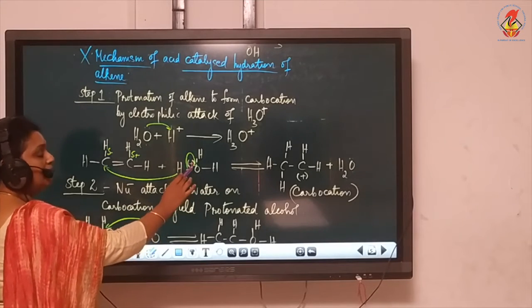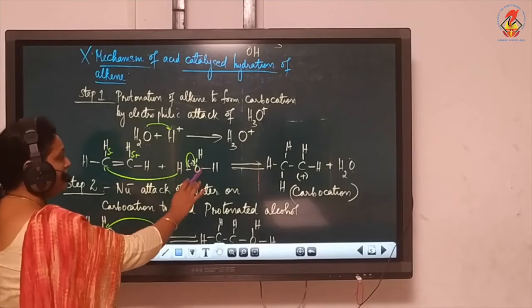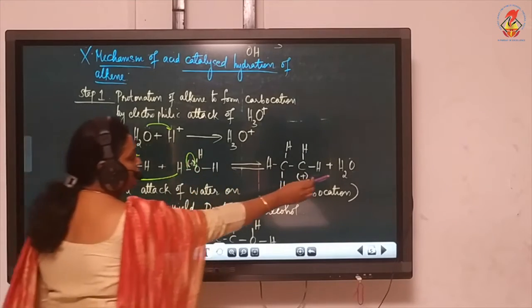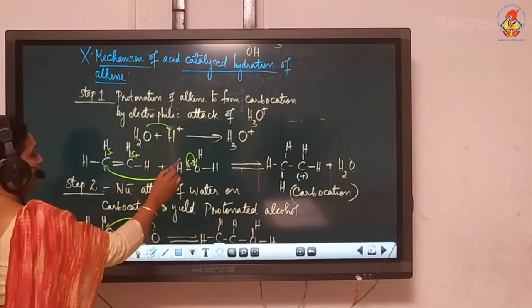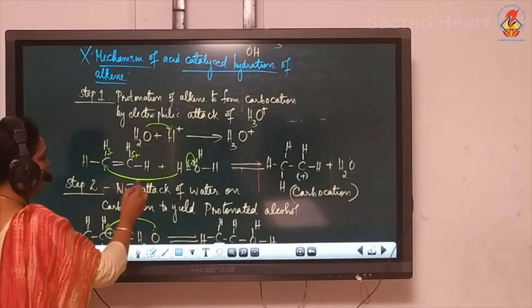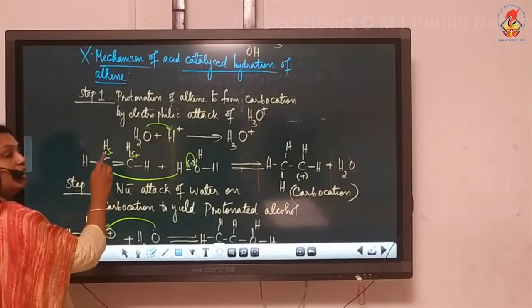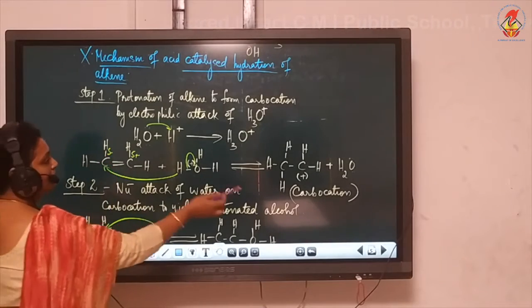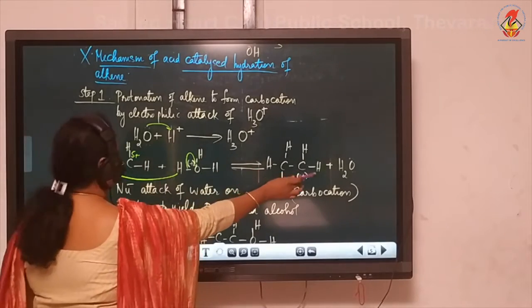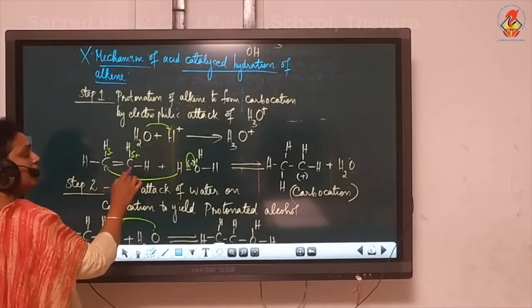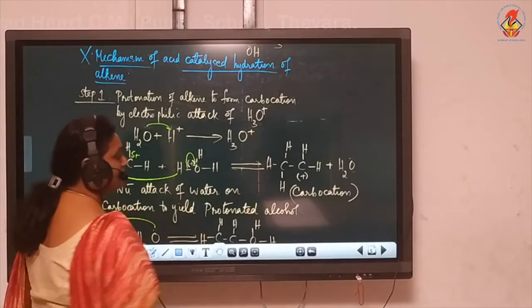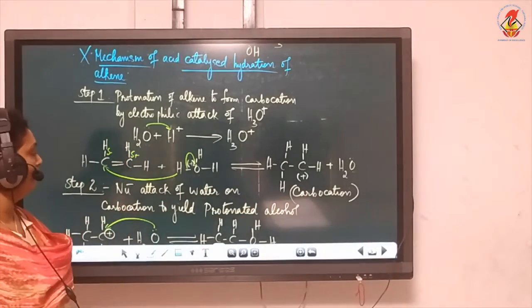As a result, the positive charge on oxygen gets neutralized and it will be removed as H2O. Now here H plus will be shifted to this carbon atom because this carries a partial negative charge. So we get here CH3, CH2 with a positive charge on this carbon and that is our carbocation.